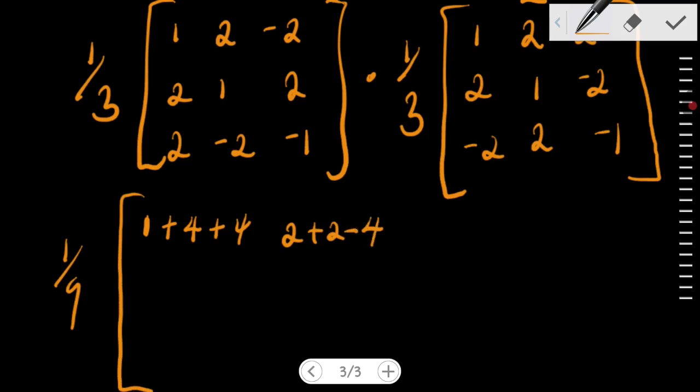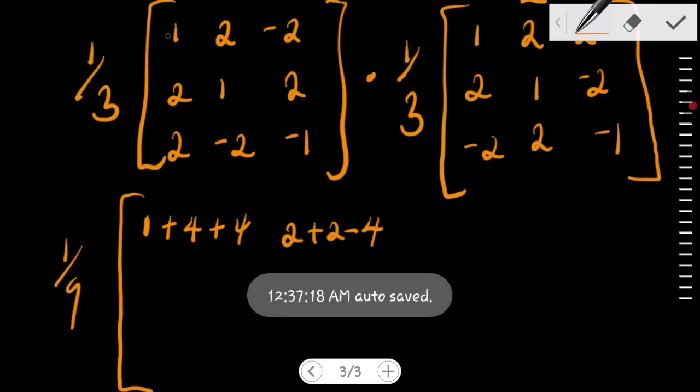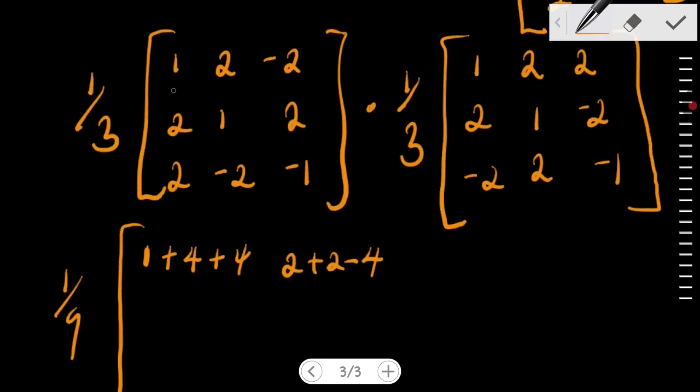Now the other side: 1 times 2 gives 2, then 2 times negative 2 gives negative 4, plus negative 2 times negative 1 gives 2.